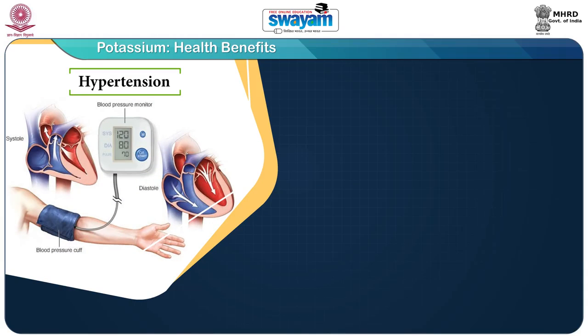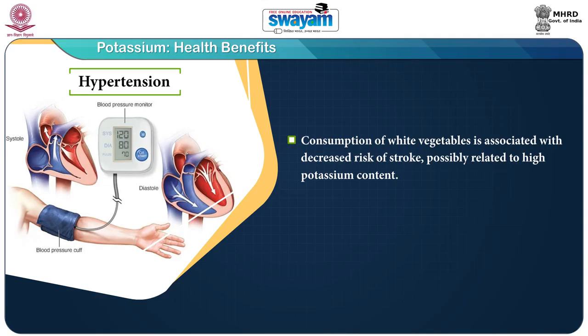Now, let us see what are the health benefits of potassium besides its physiological role. Number 1 is hypertension. Consumption of white vegetables is associated with decreased risk of stroke, possibly related to high potassium content. This has been shown by earlier investigators who have conducted research on dietary intake of patients suffering from hypertension.